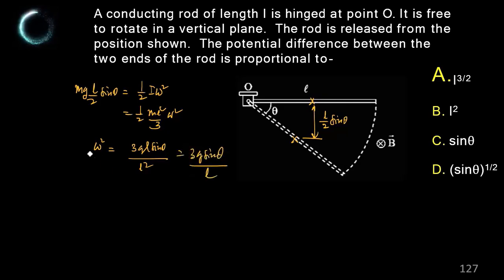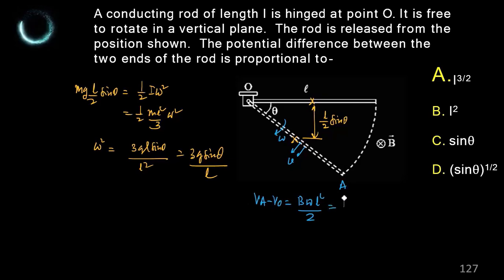At this instant the rod is moving with angular speed omega, so all the points have velocity v in this direction. So v cross B means the end point A is the high potential side. So VA minus VO should be equal to B omega L square by 2.